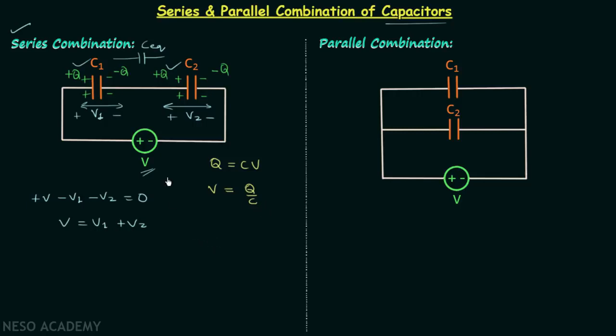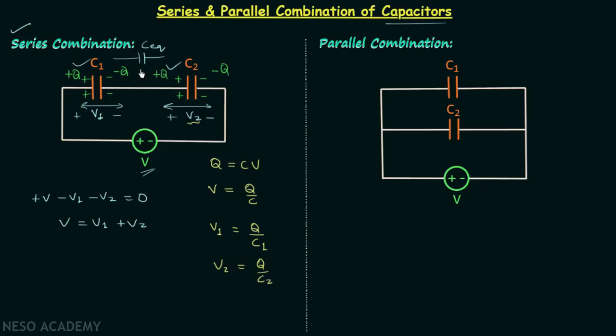Now talking about the first capacitor, voltage is V1, capacitance is C1 and Q is the charge. So we have V1 equal to Q over C1. Now moving on to the second capacitor, you can see that the voltage is V2, the capacitance is C2 and the charge is Q. Therefore voltage V2 is equal to Q over C2.